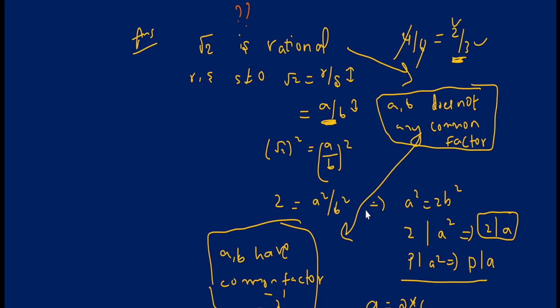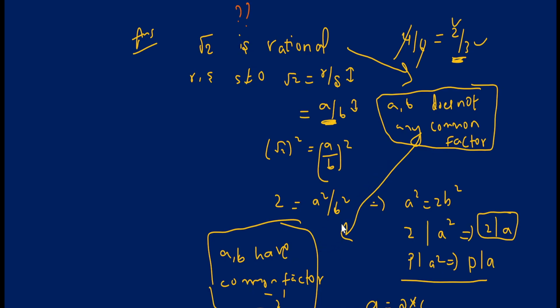It's not possible. This is completely illogical and it is not valid in mathematics to say something is true for some time and again say it is not true. So this is a contradiction.